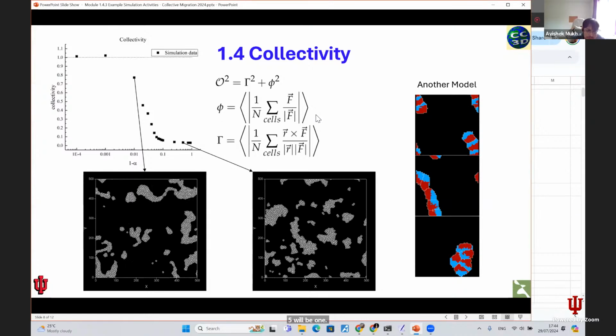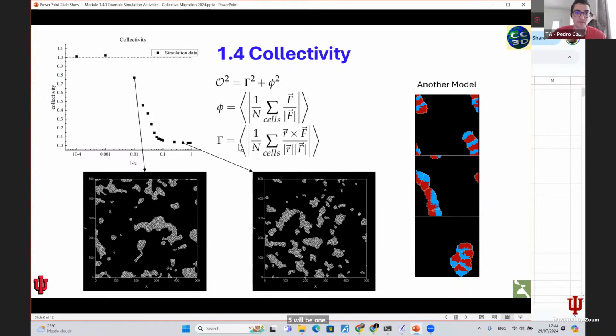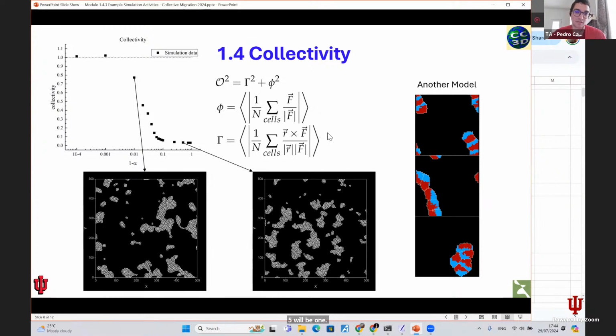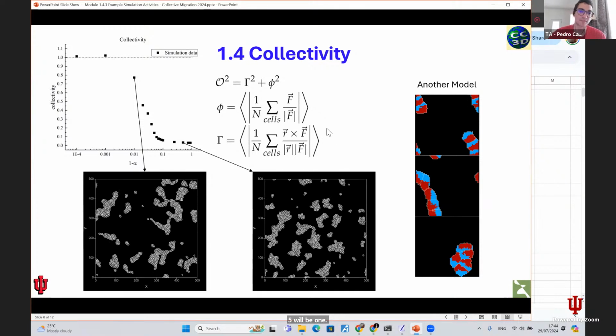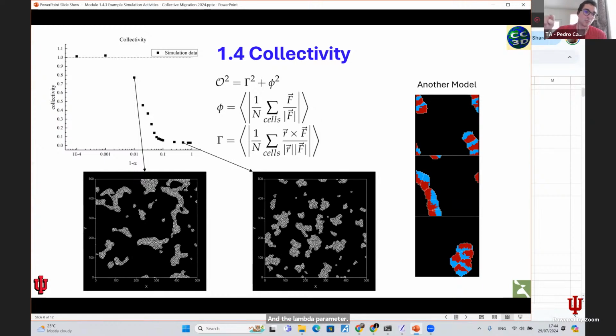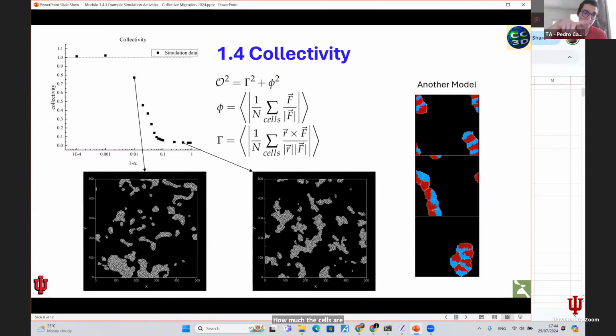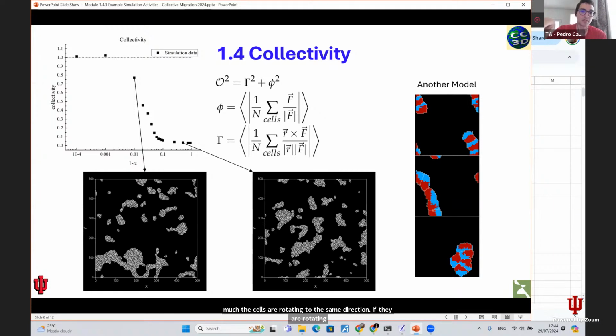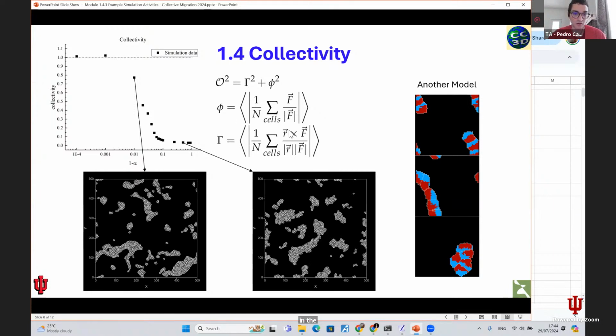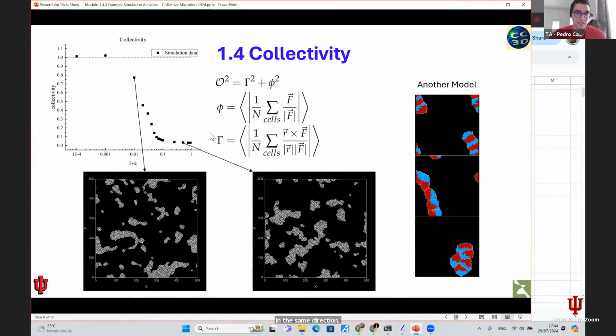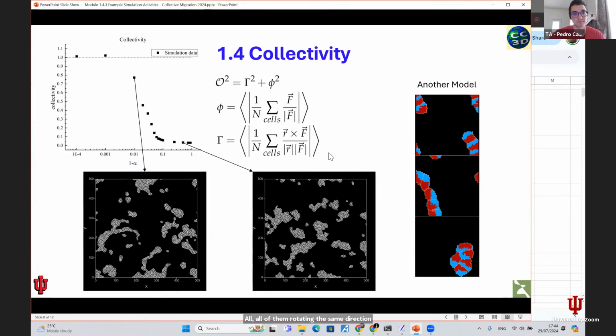And the gamma parameter is, with respect to the center, how much the cells are rotating in the same direction. If all of them are rotating in the same direction, gamma will be 1.